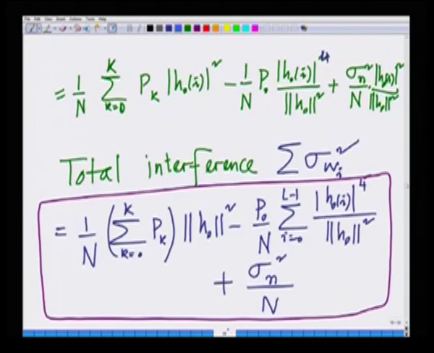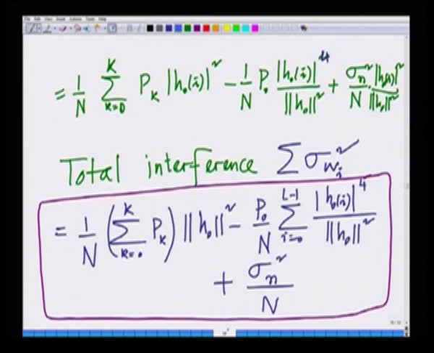And we said that the net signal to noise power ratio for the downlink multi-user scenario can be derived using this expression. Let me just rewrite this expression again to go over some of its salient aspects.